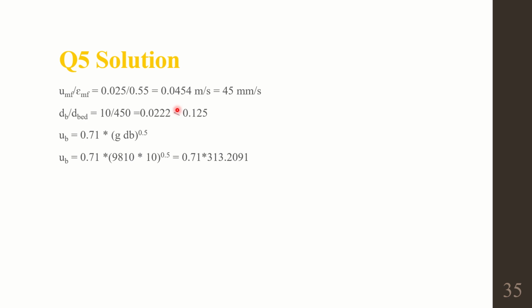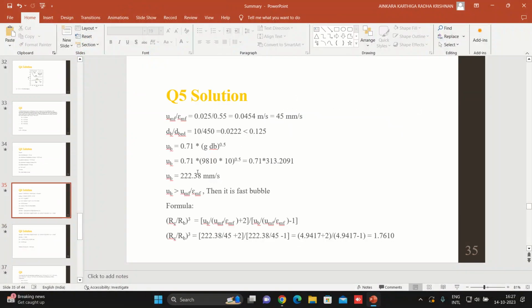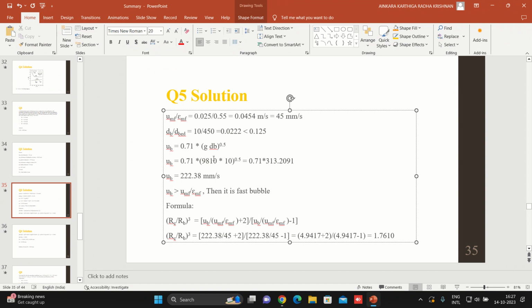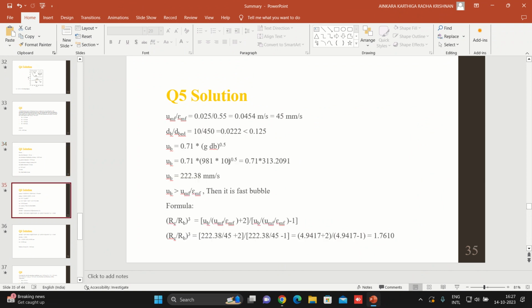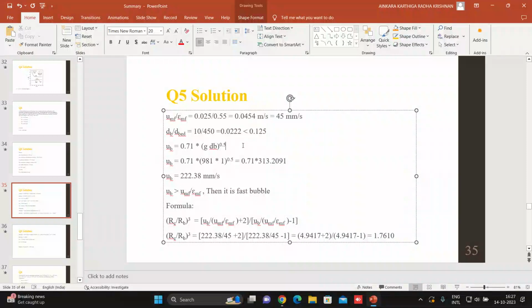I'm sorry, g is 981 centimeter per second square. Actually it should be in centimeter.